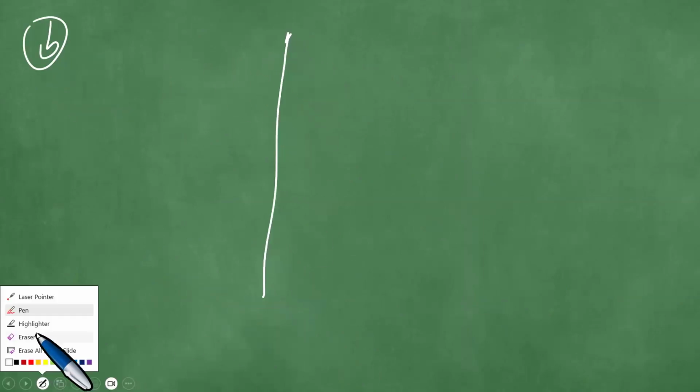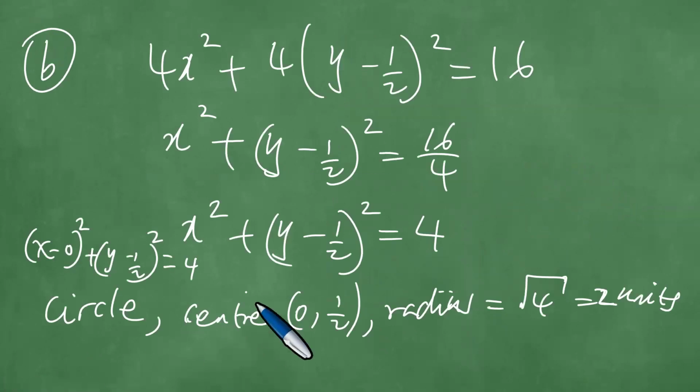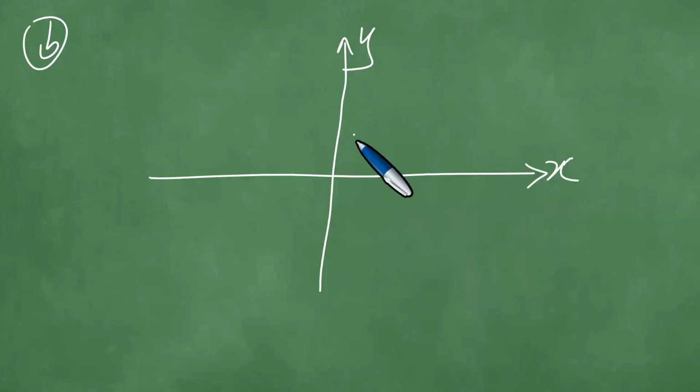Let us clean this up. Now, to understand this, x is 0 and y is half. What point is this?